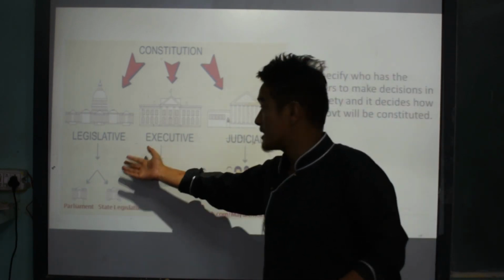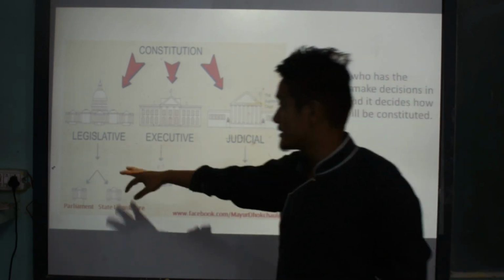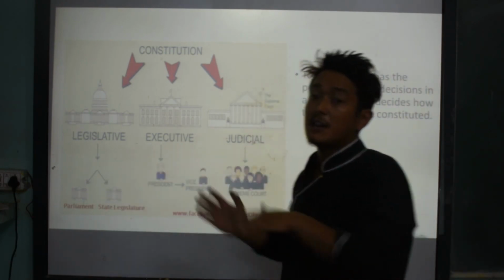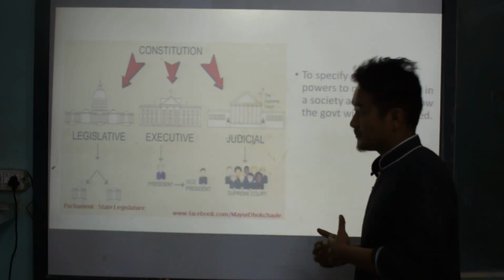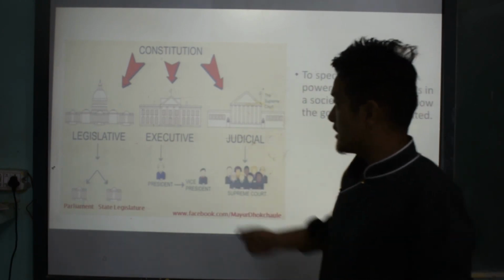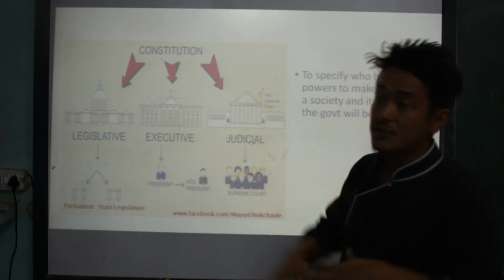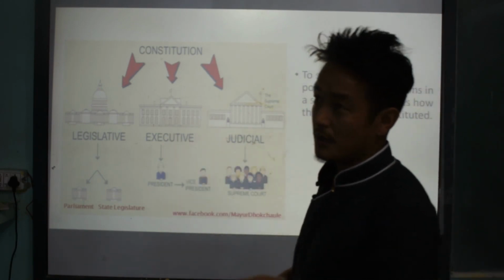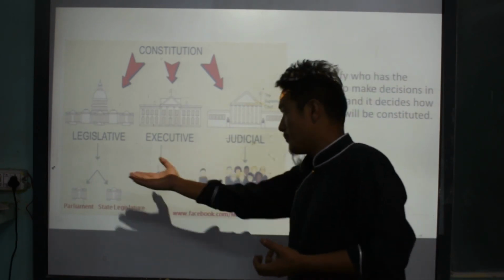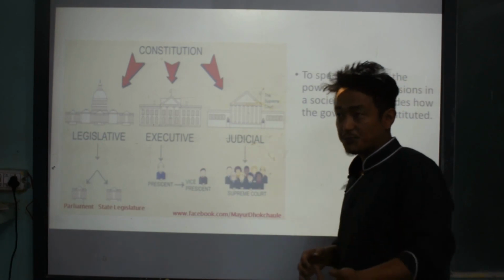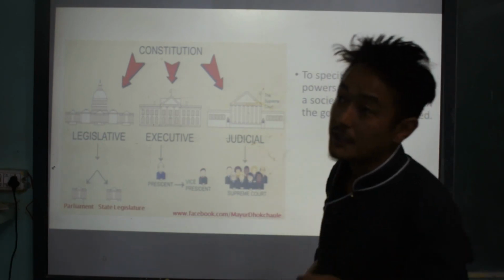For example, let's take the three pillars of democracy, that is legislature, executive, and judiciary. The legislature is assigned the task of making new policies and passing new laws, right? And the executive is entrusted with the task of executing those laws and policies passed by the legislature, and the judiciary's main job is to bring justice in the society.